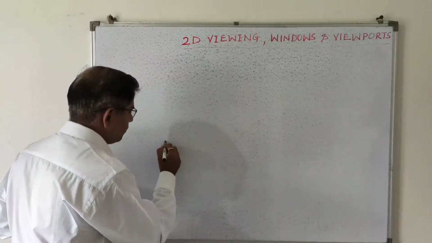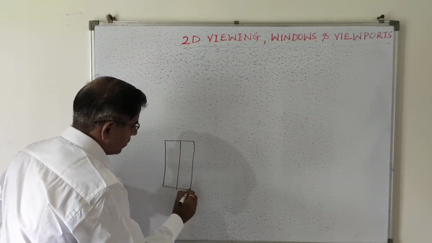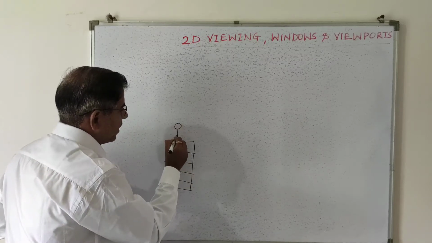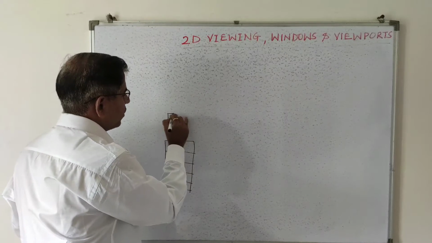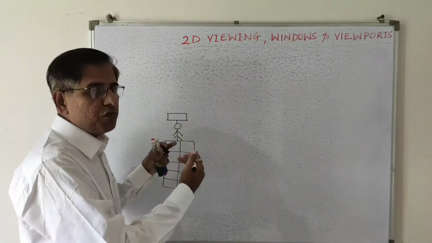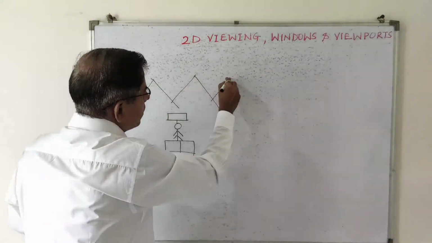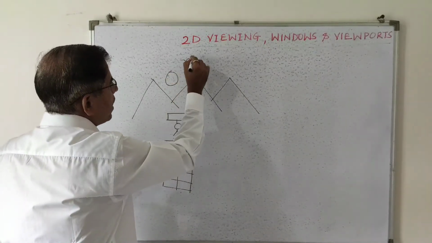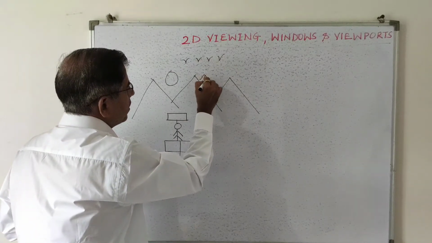Consider this is a tall building, and you are standing at the top with a camera in your hand, and the scene in front of you is, say, large mountains, then there is a sun, some birds are flying, some trees on a mountain.